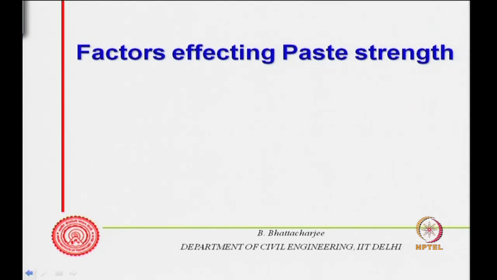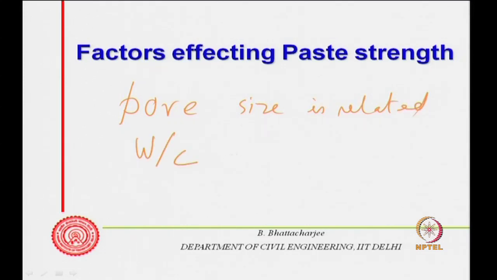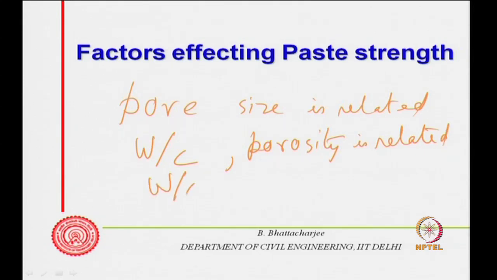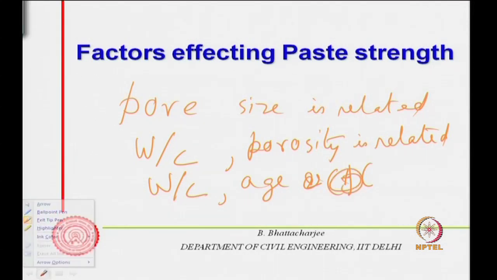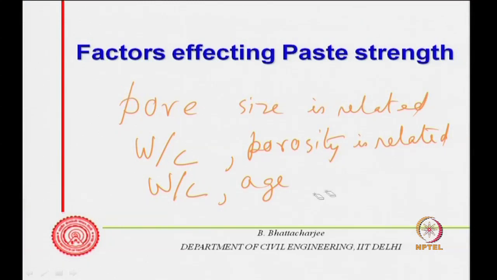I am trying to point out that R 0.5 can be related to water cement ratio. That means the pore size is related to W by C, and porosity is related to W by C, age T and degree of hydration.